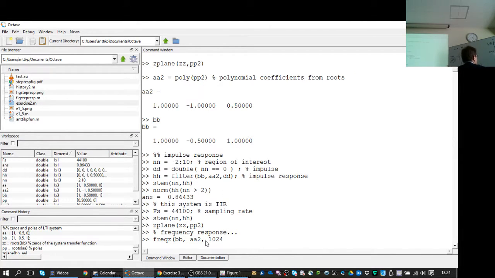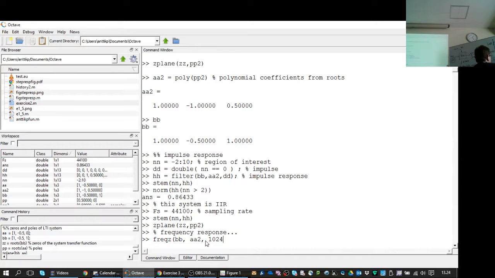Okay, when we have this, think of again the complex plane. Now we have the system looking something like that. So think of that as how many points on the unit circle you want to calculate the frequency response.